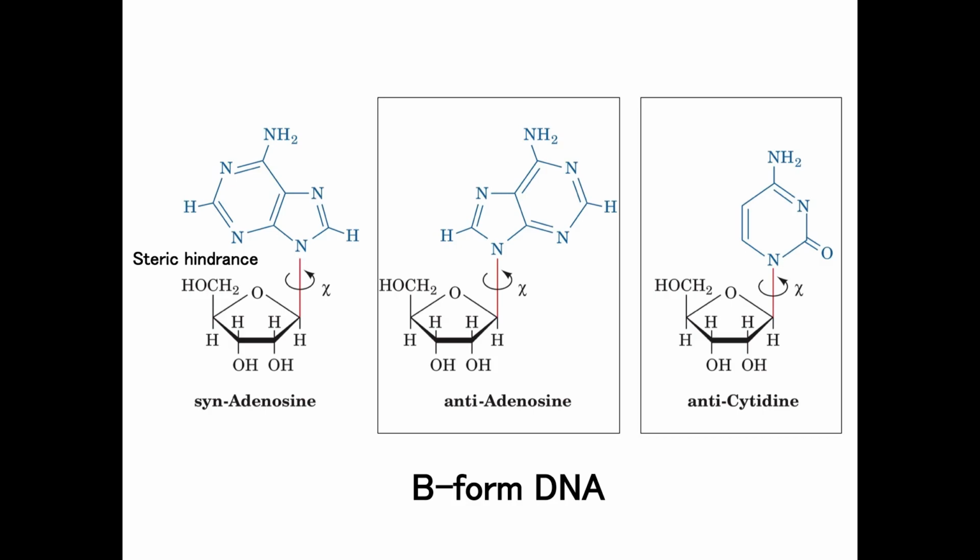This is the structure of the sugar and the bases. In B-form DNA, adenine and cytosine form such a conformation with the sugar. This conformation is called anti-adenosine and anti-cytosine.